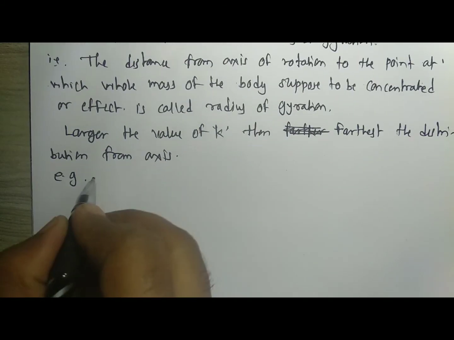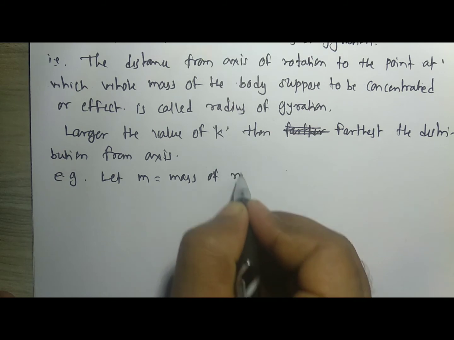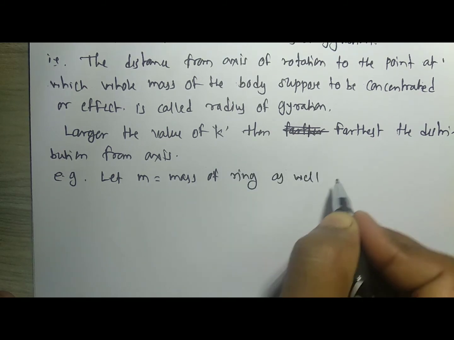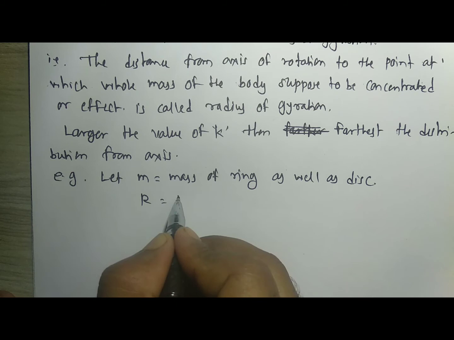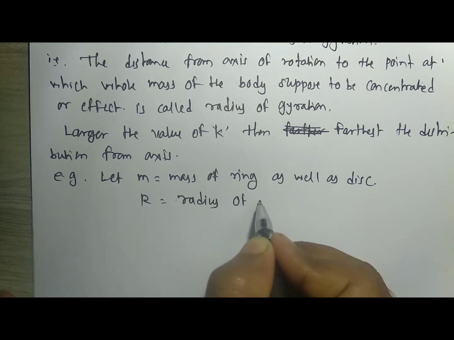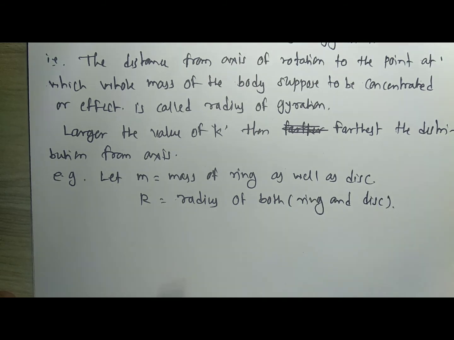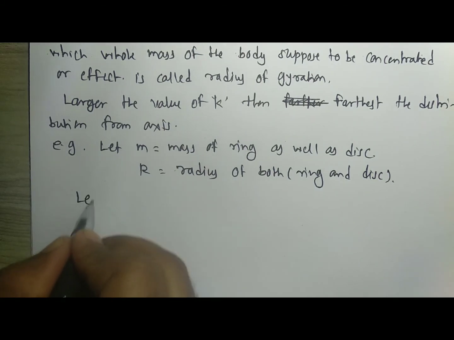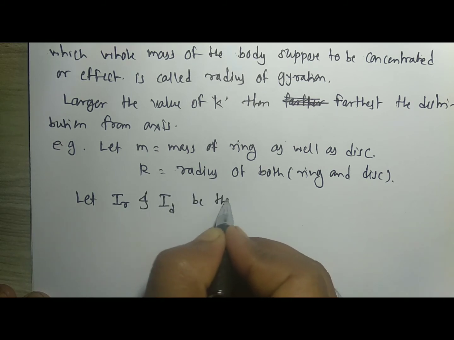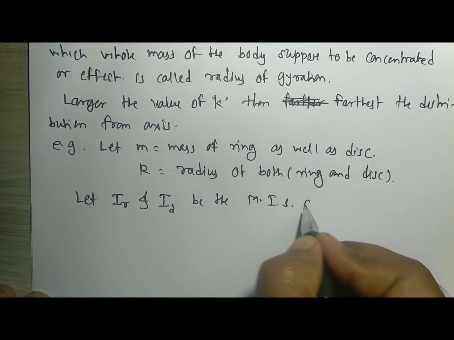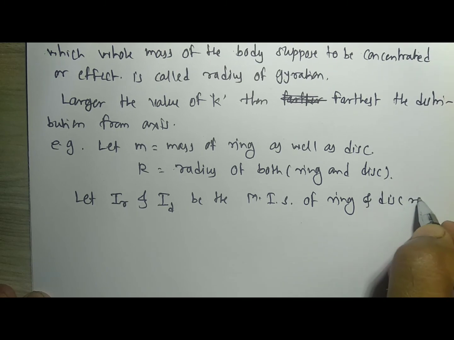For example, let m be the mass of a ring as well as a disk, and R be the radius of both the ring and the disk. Let I_R and I_D be the moments of inertia of the ring and disk respectively.